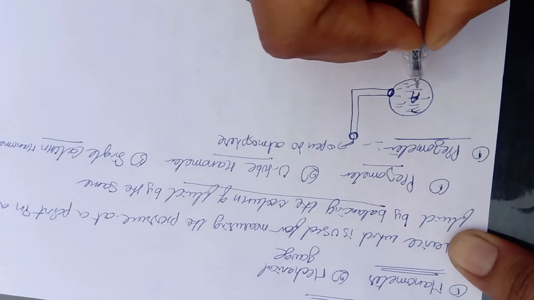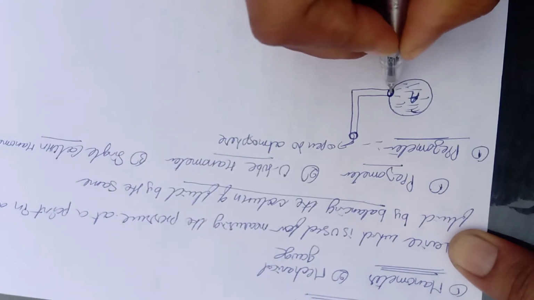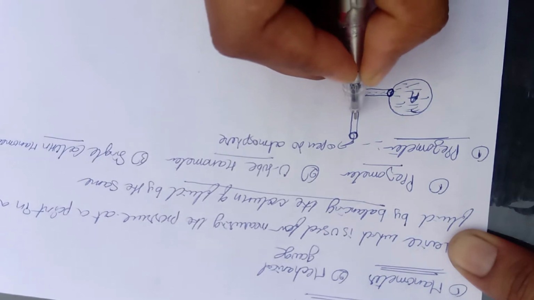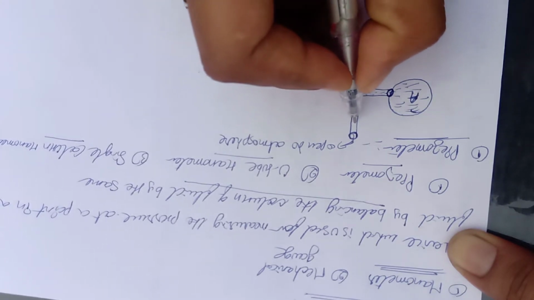So whenever we connect the pipe to the container, obviously the water would come and would certainly rise to a certain level.